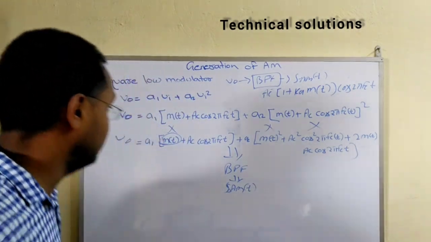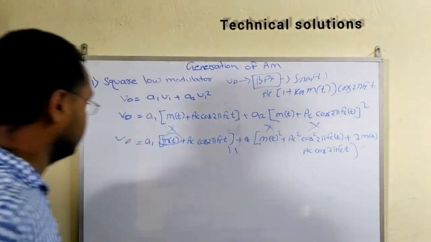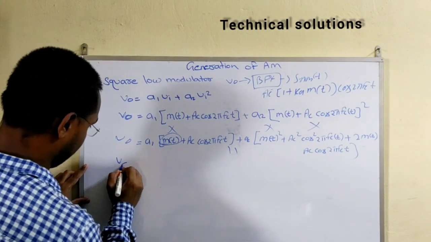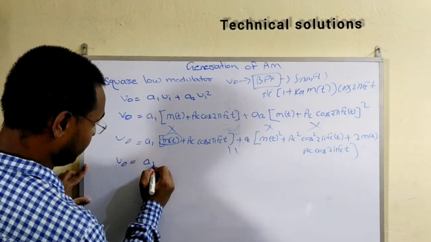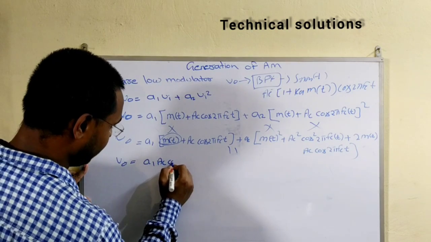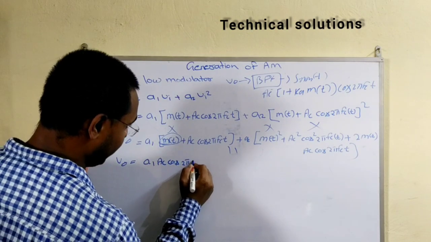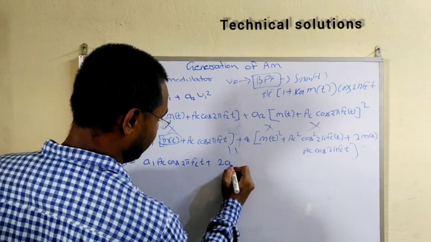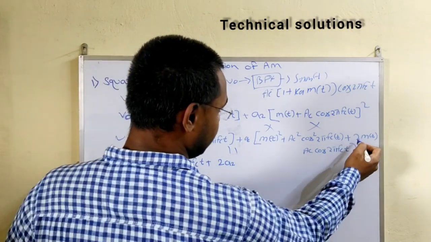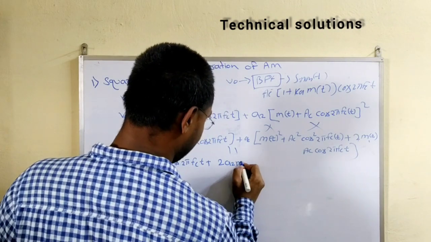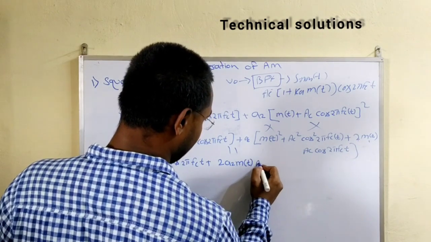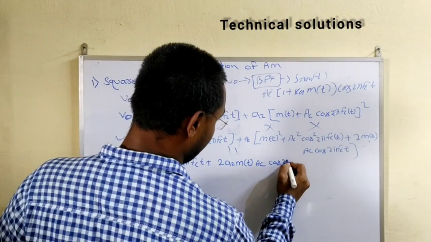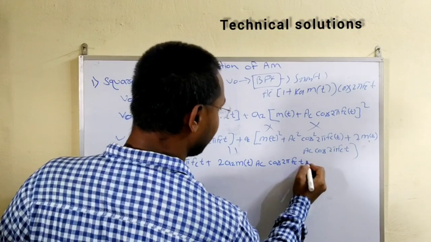So what will we get? V naught is equal to A1 AC cos 2 pi Fct plus 2 A2 Mt into AC cos 2 pi Fct.